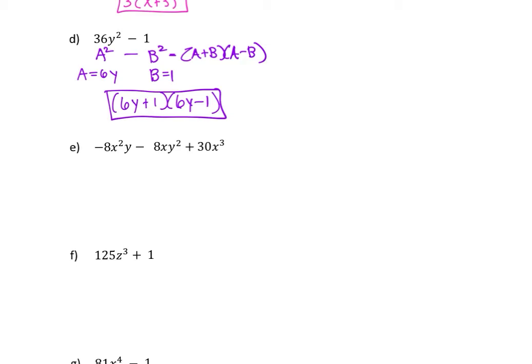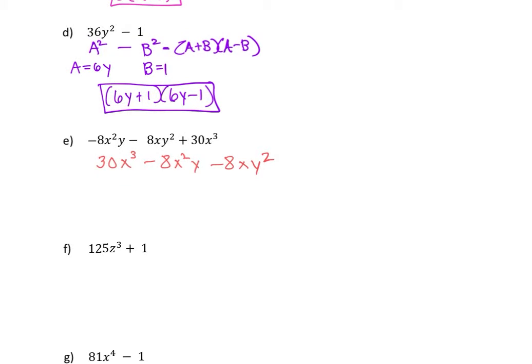All right, E was one I had a little bit of trouble with at first because it looks really weird, and I factored out the GCF. It's a little bit harder. So actually what I'm going to do first is rewrite with my highest x first and decrease my x power.